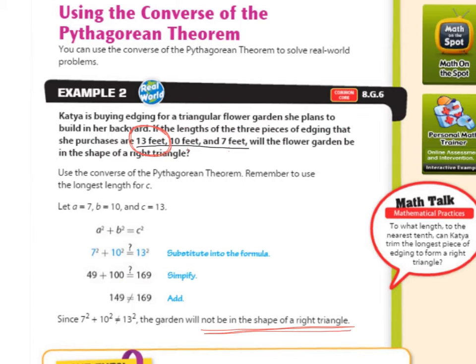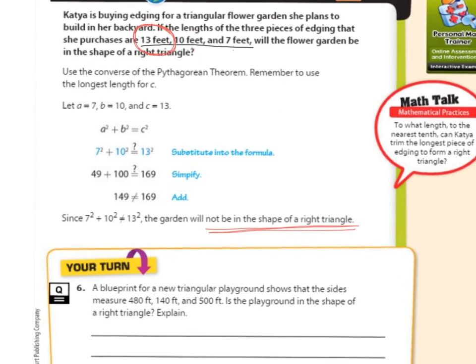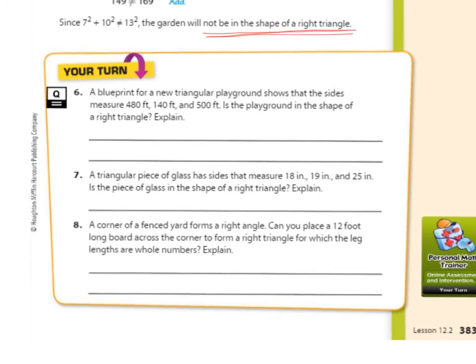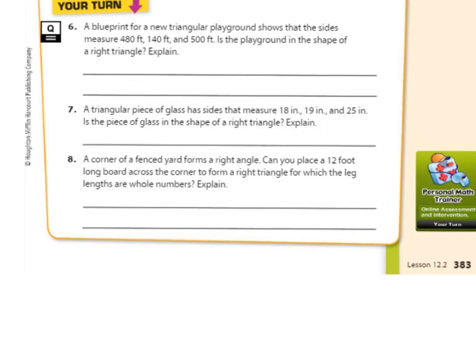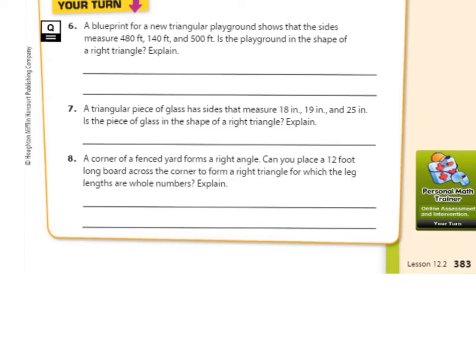Okay, so let's take a look at what they have us doing in your turn, where we are practicing these ideas. Go ahead and just slide this down so I've got some work space down below to work. Number 6, a blueprint for a new triangular playground shows that the sides measure 480, 140, and 500. Is the playground in the shape of a right triangle? And explain. So there's 2 parts to this. Yes or no, right triangle, and why. How we know.